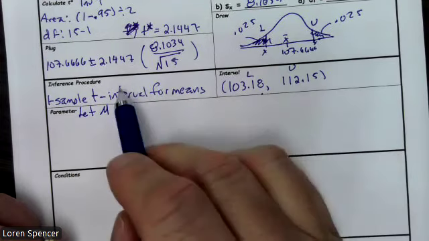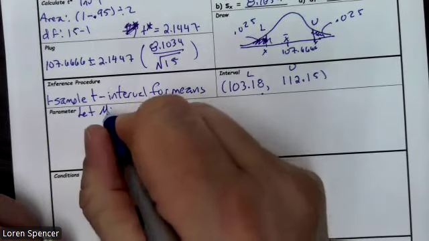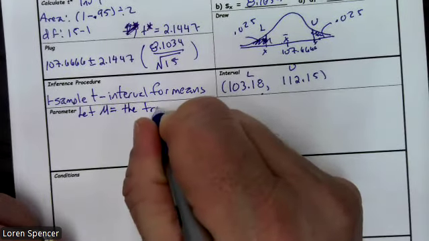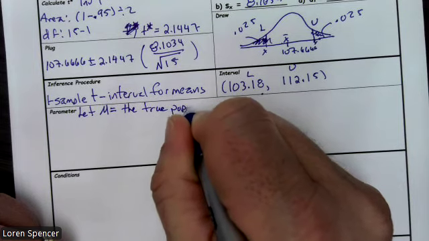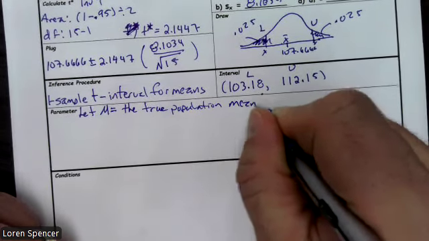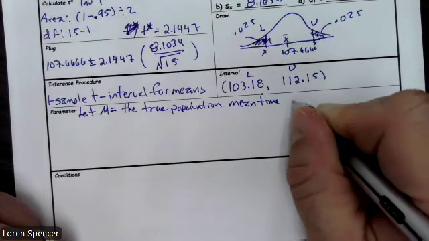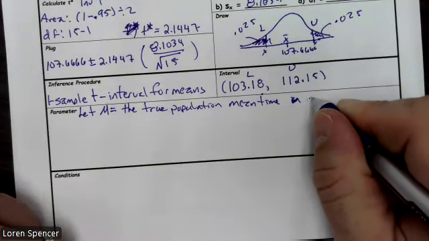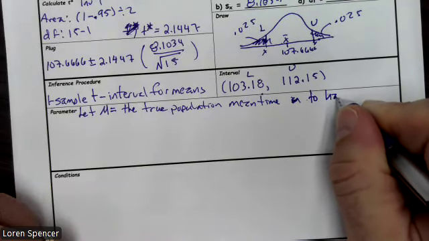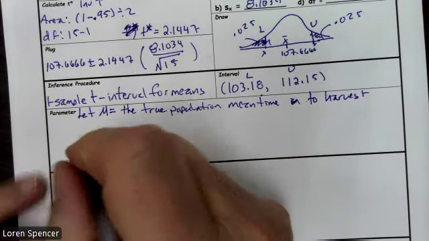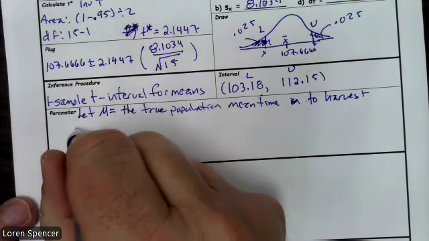We know the sample mean, we want to estimate the population mean. Let mu equal the true population mean time to harvest for sorghum.